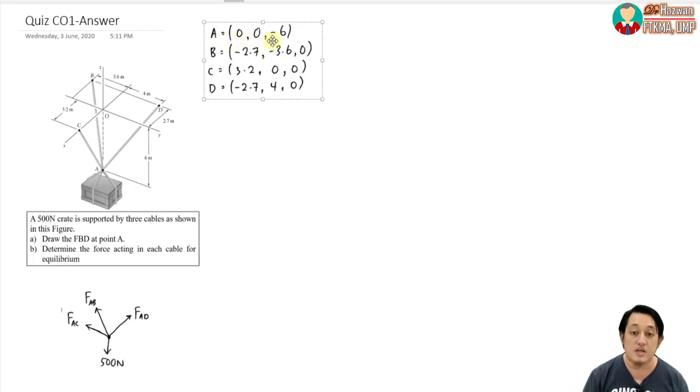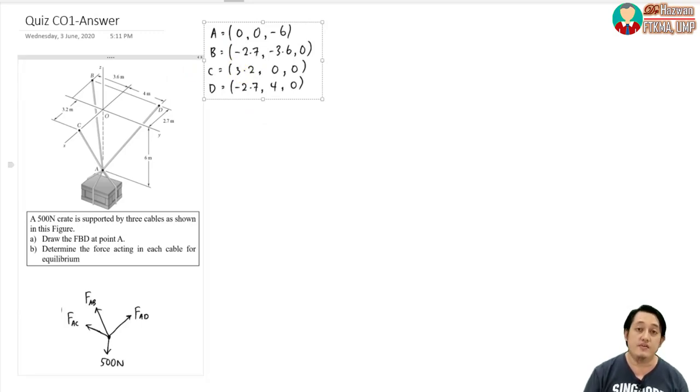A is (0, 0, -6), B is (-2.7, -3.6, 0), C is (3.2, 0, 0), and D is (-2.7, 4, 0). So these are the coordinates for A, B, C, and D.